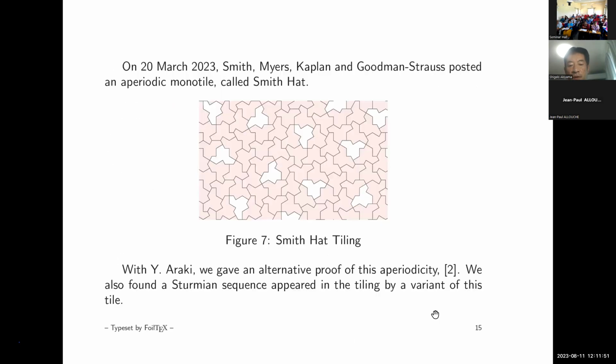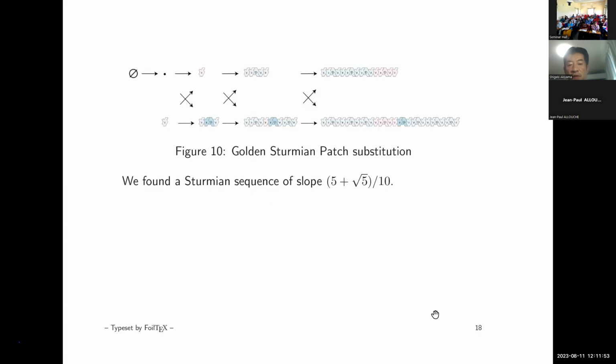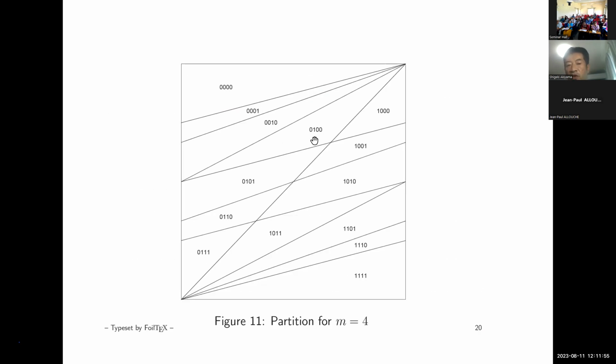Okay, so what is this picture? This picture tells us the totality. So how many balanced words exist? So just look at this picture. We already know how many balanced words exist of length 4.